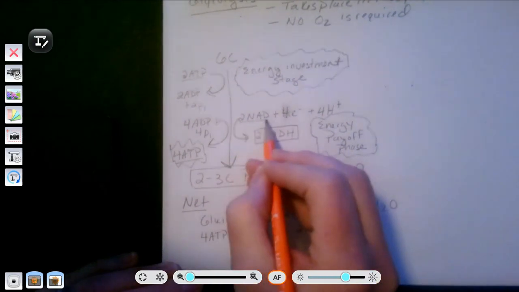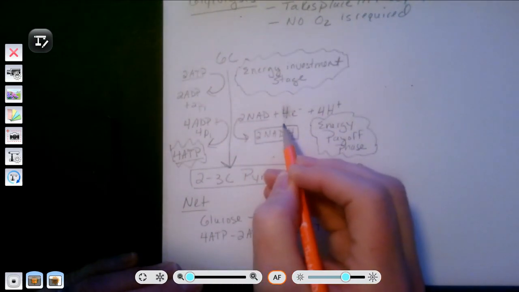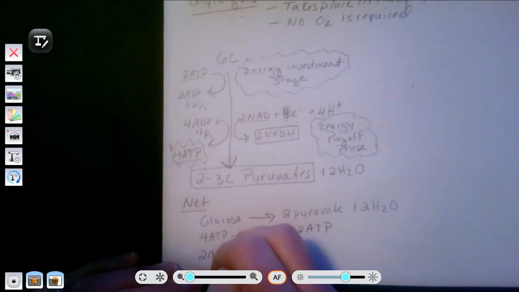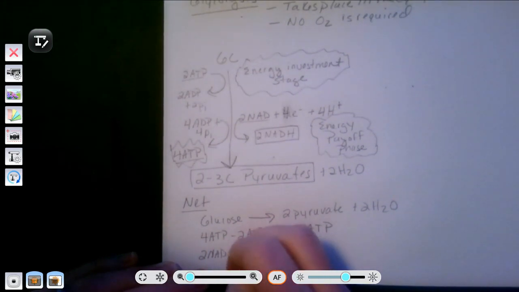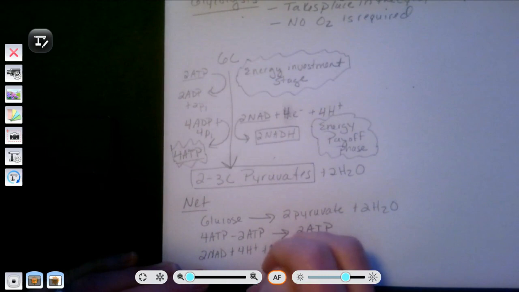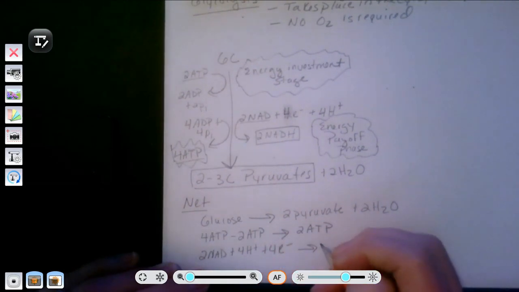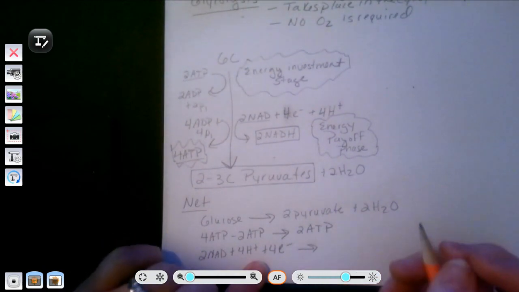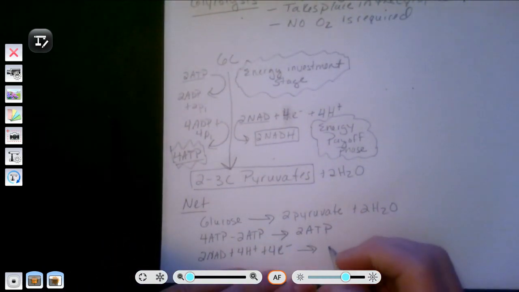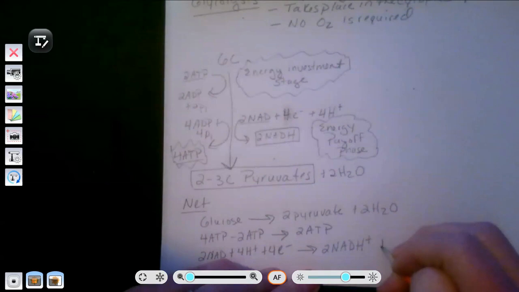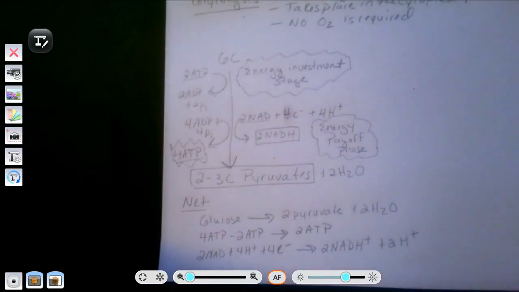And then you had 2 NAD, 4 electrons and 4 protons. That gives you 2 NADHs and 2 protons.